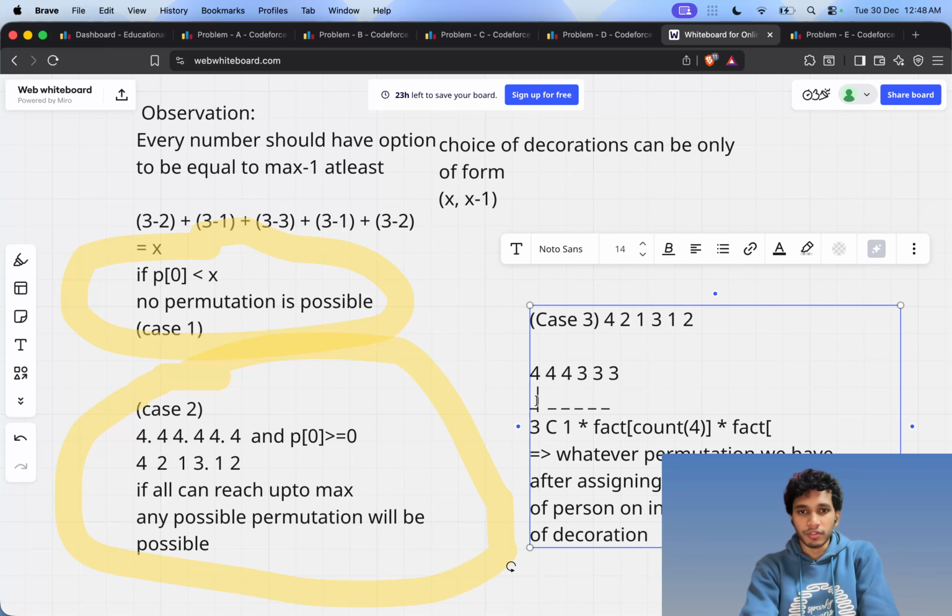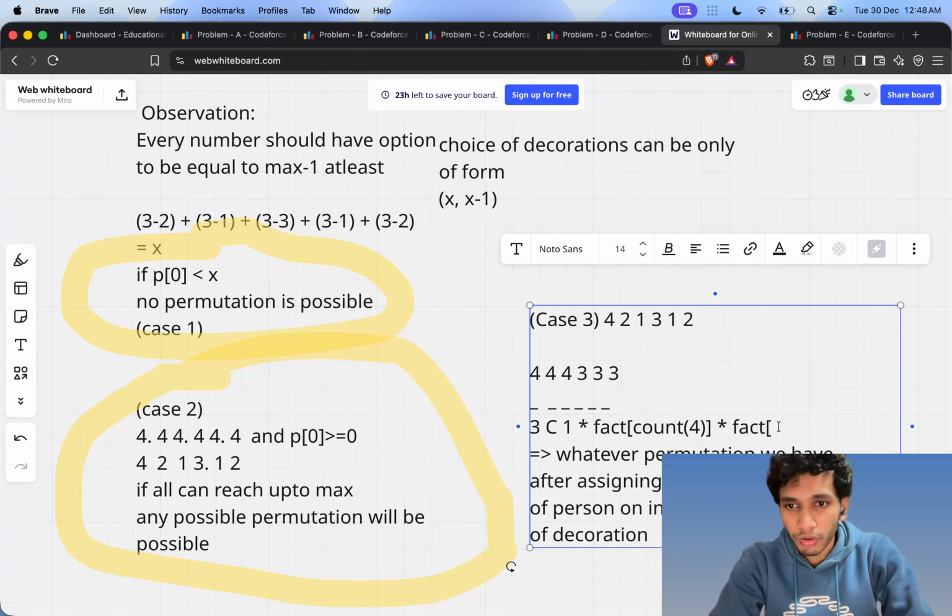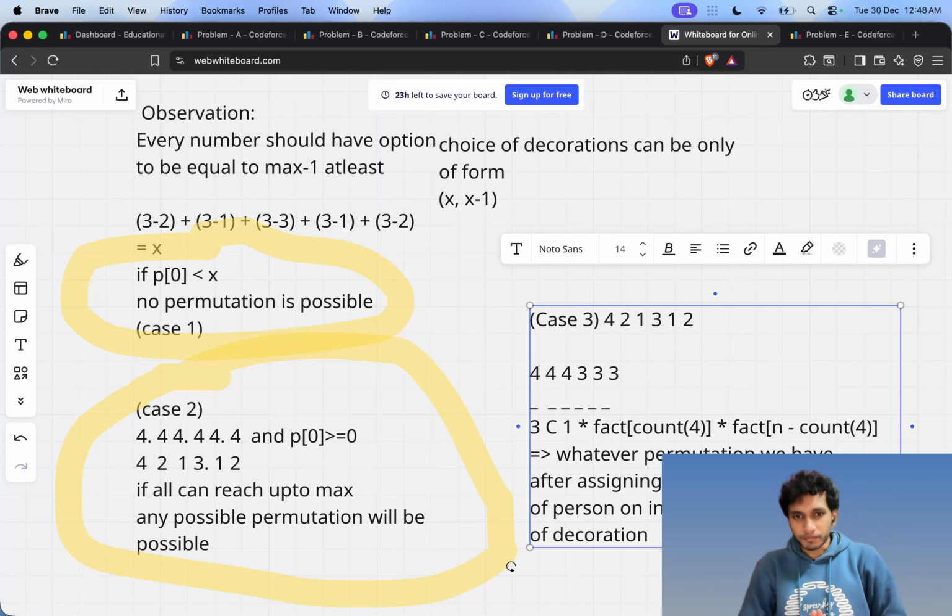Now, for this part, arrange them in any order. Arranging them is equivalent to taking a factorial, so n minus count of 4. All right, so these are the possible scenarios that we have: P0, P1, and P2.